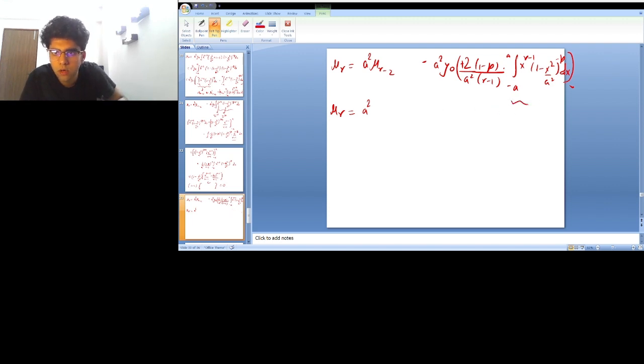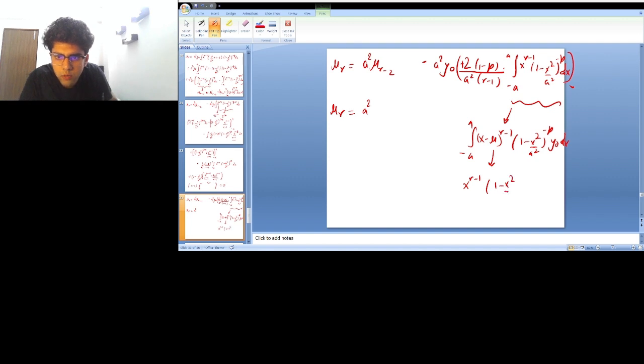Taking y naught inside, this gives me x minus mu to the power r minus 1 into 1 minus x square upon a square raised to the power minus p, and y naught comes inside dx from minus a to a, and I know that my mu is 0, so this gives me x to the power r minus 1 into 1 minus x square upon a square raised to the power minus p y naught dx from minus a to a.